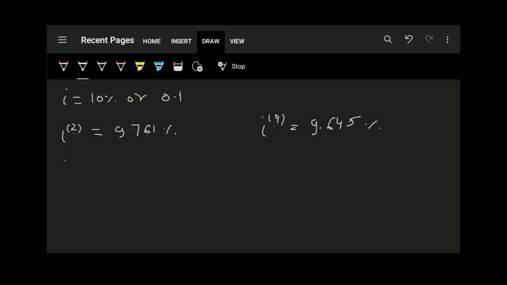I can calculate I6, which will be 9.607%. I can calculate I12, which will be 9.5689.